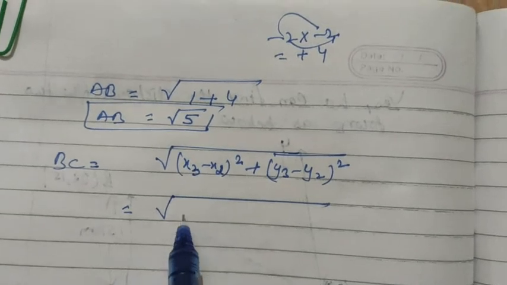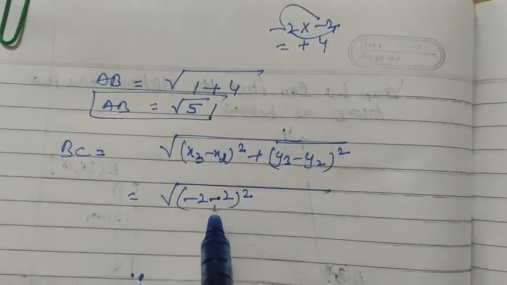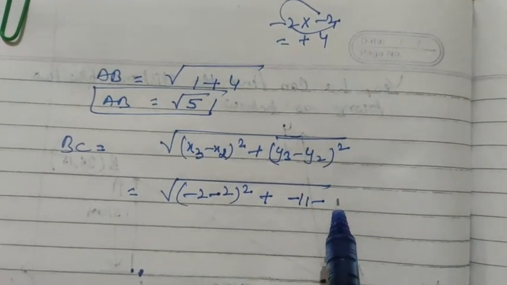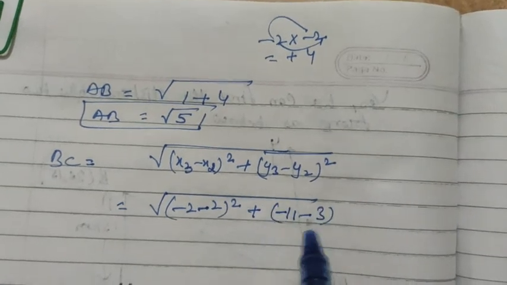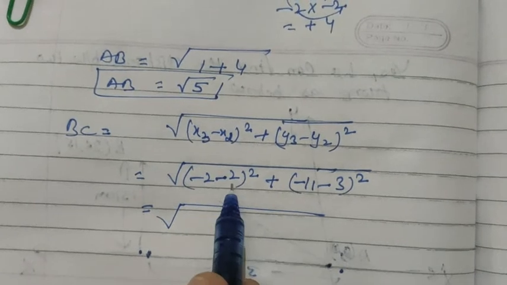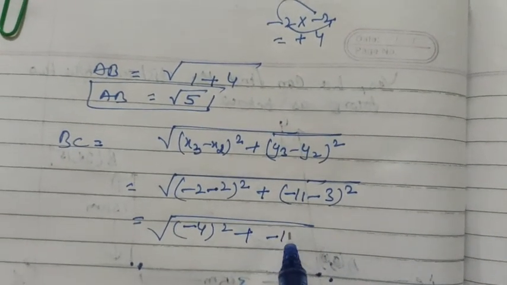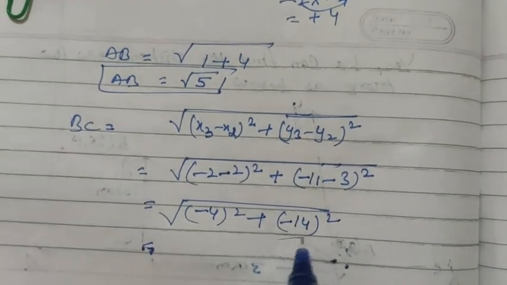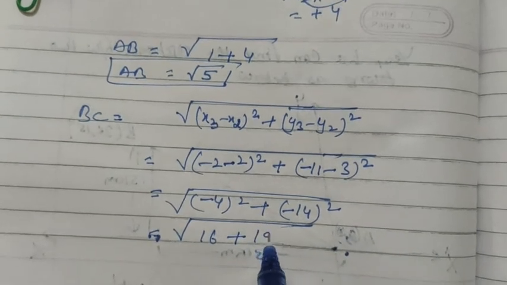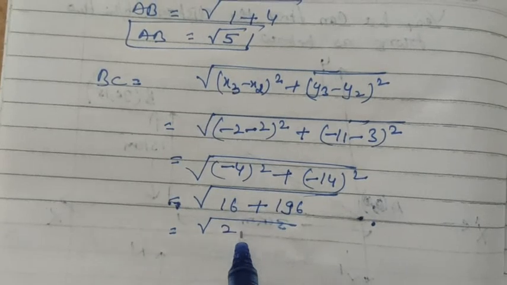We have x3 as -2 and x2 as 2, so -2 minus 2 becomes -4, squared, plus y3 is -11 minus y2 which is 3, so -11 minus 3 becomes -14, squared. So (-4) squared becomes 16 plus (-14) squared becomes 196. Adding these two terms, 16 plus 196 becomes 212.